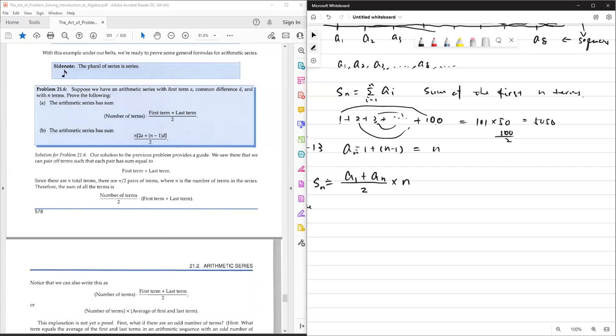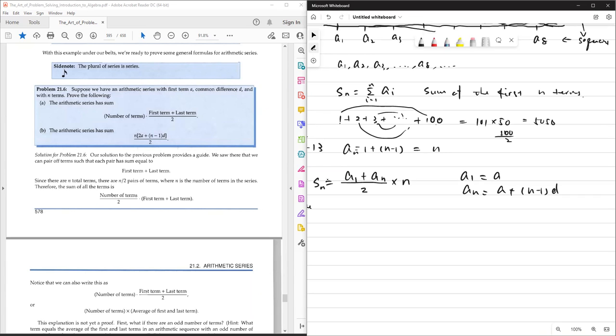Okay, this is the general formula for Sn for an arithmetic series. So we know an equals a plus n minus 1 multiplied by d, right? So this is expressing it in terms of the member of the sequence.